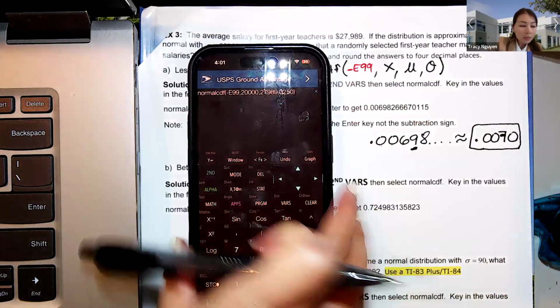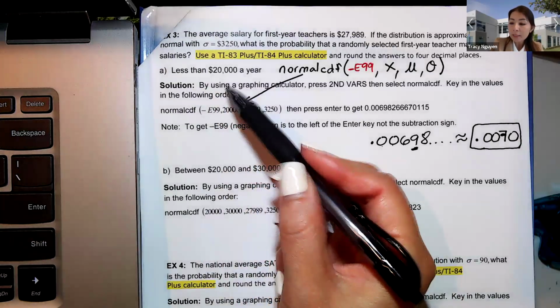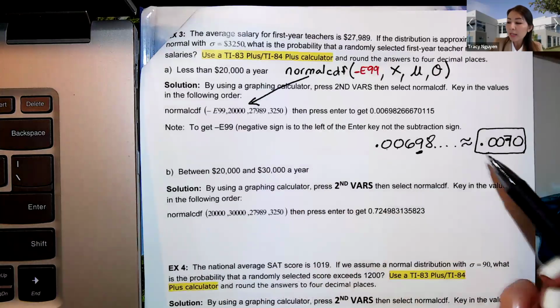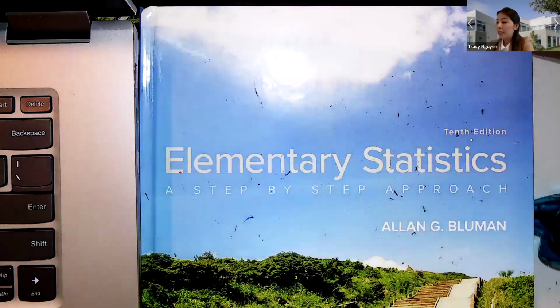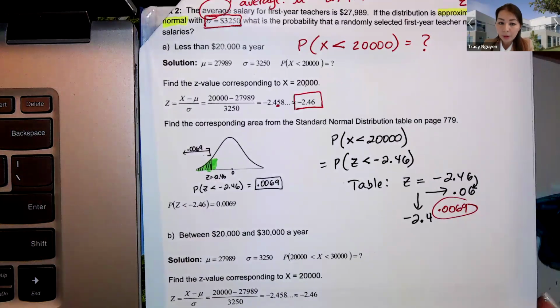Okay. All right, so we have demonstrated another case here. So for example 3, part A, we did it in terms of our calculator for the case of less than. I'm going to come back to example 2 where I asked you to do it by the table. We're going to continue to solve the problem.